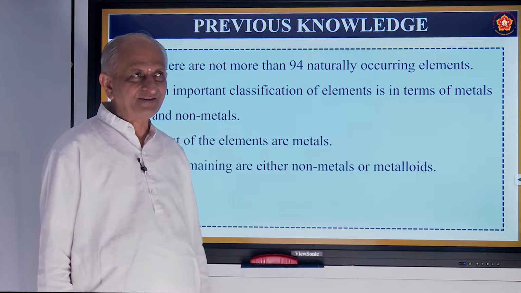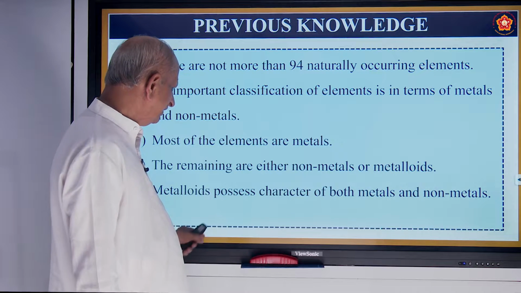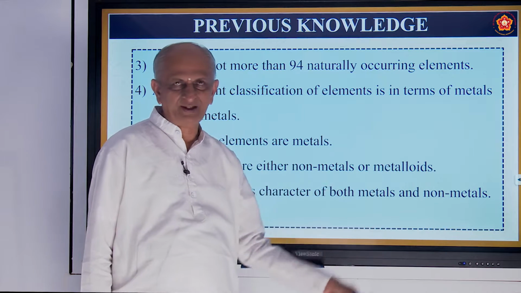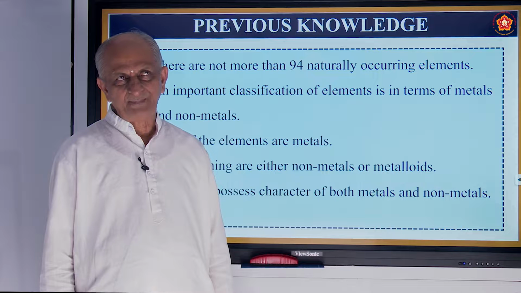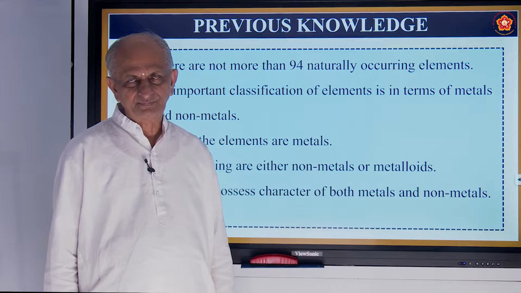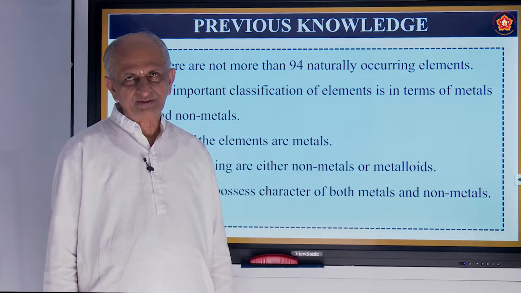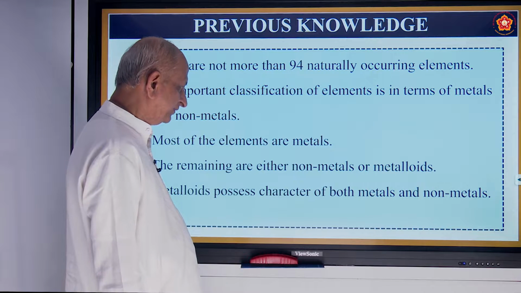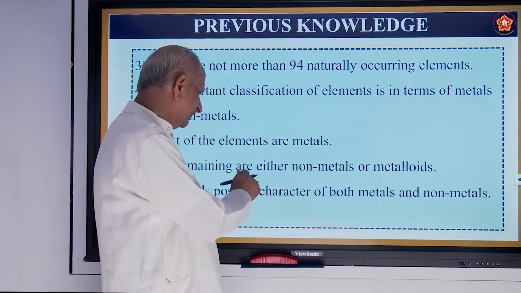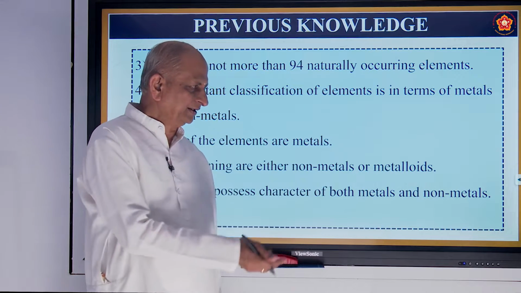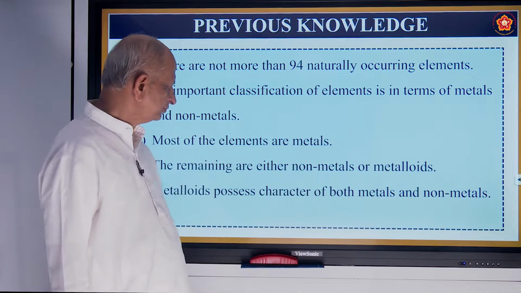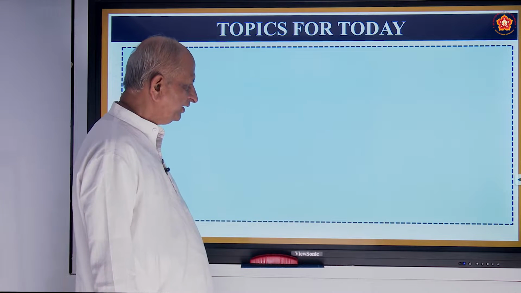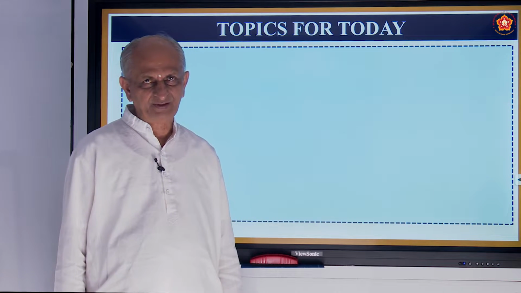What are metalloids? Metalloids have the character of both metals and non-metals. For example, germanium is there, okay, and silicon is there. So they are called metalloids, which act like metals also, which act like non-metals also. Okay, so these are the things we have seen in the previous classes.